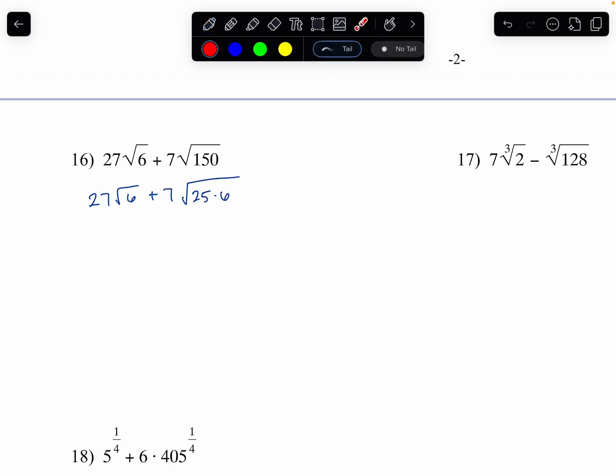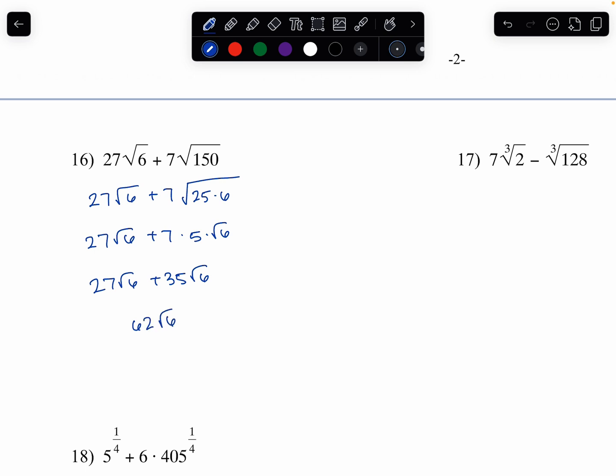So 25 times 6 multiplies to be 150, and I can take the square root of 25. So this is 27 root 6 plus 7 times by 5 times by root 6, and so 27 root 6 plus 35 root 6, and now I can add these. So I can add 27 and 35. So then I get 62 root 6.